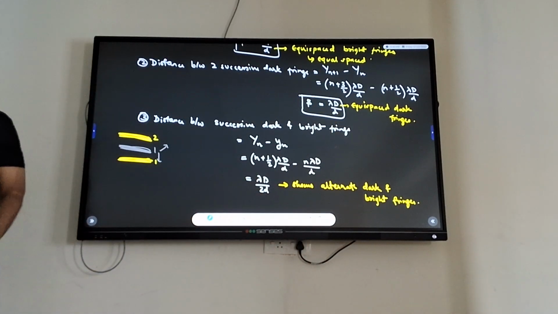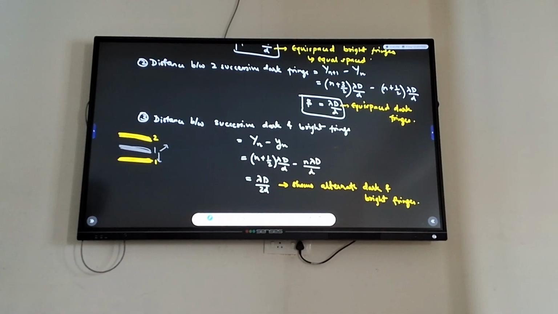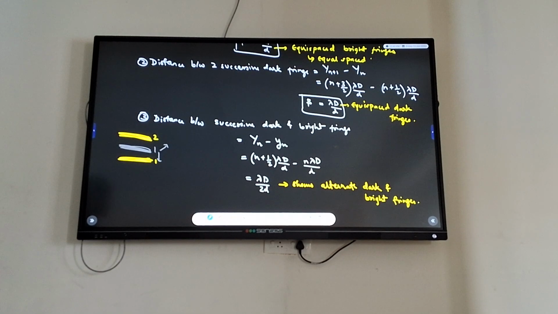Is it okay with everyone, this discussion? So just by simple mathematics and by simple logic, we were actually able to understand the whole behavior. We were able to guess what you will find on the screen. Alternate dark and bright fringes. The shape of the fringe can be many shapes. The shape can be circular.